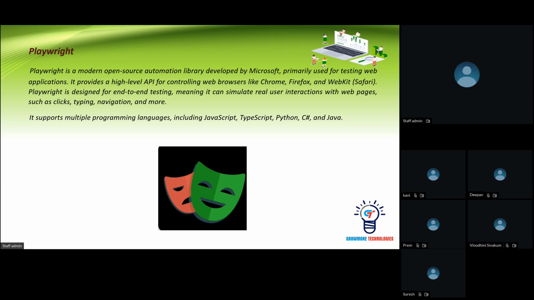Playwright is designed for end-to-end testing, meaning it can simulate real user interaction with web pages, such as clicking, typing, navigation, and more. Microsoft created it because of some problems in Selenium: synchronization issues, multiple drivers, and flaky tests. Flaky test means the same test sometimes passes and sometimes fails. Playwright solves those problems.